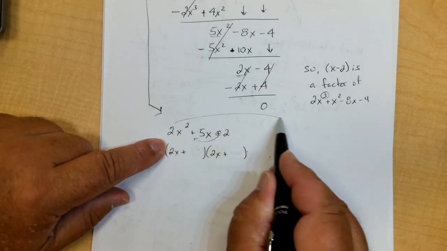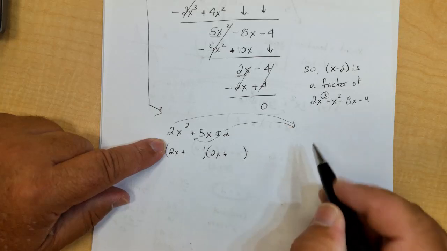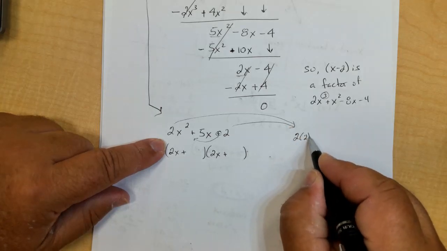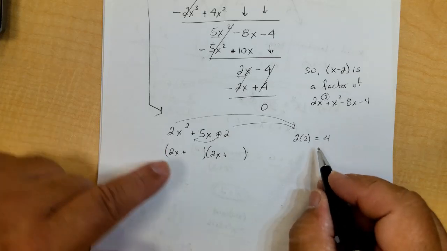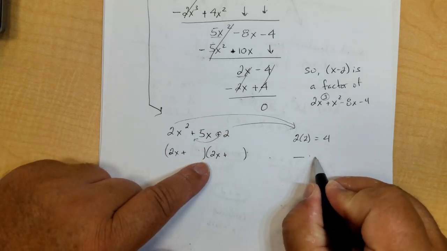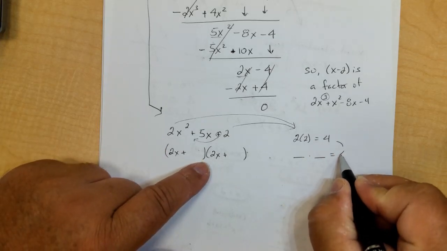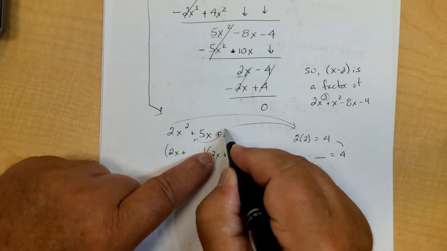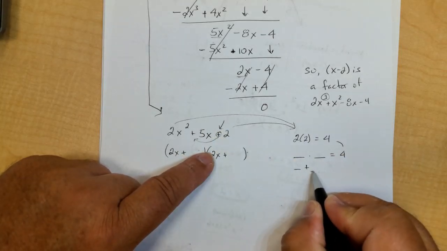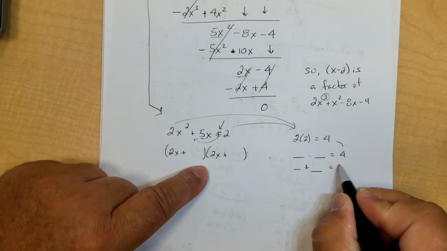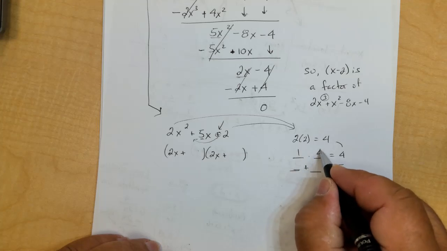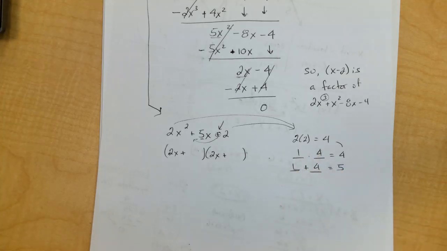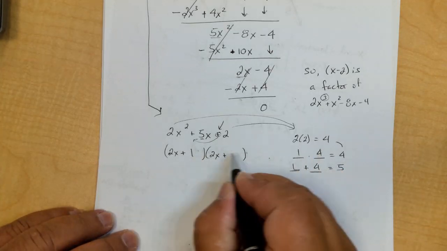Let's take the first term and the last term. 2 times 2 equals 4. So we figure out what times what equals 4 that when we add them, we get 5. 1 plus 4, right. So we could put 1 and 4 inside there.